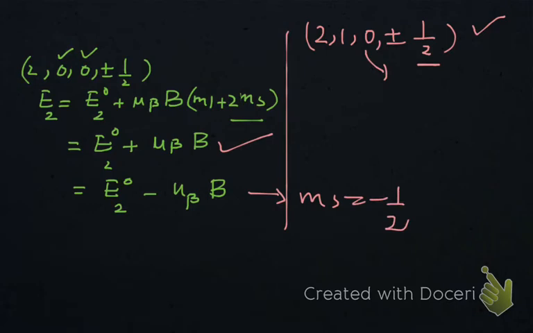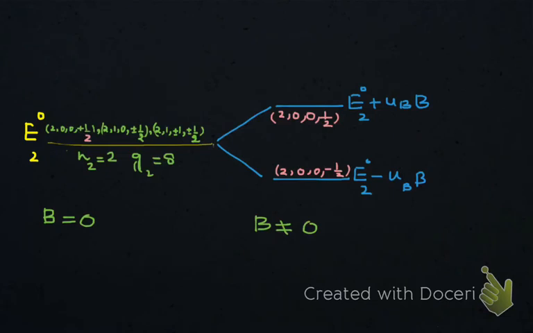So these two levels have the same energy levels. I can show you 2, 1, 0 plus half have the same energy E2 naught plus mu b into b, and 2, 1, 0 minus half will observe the same splitting.